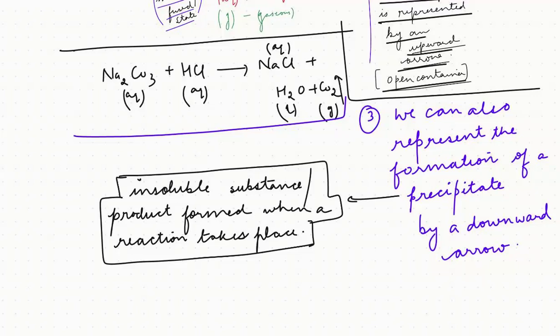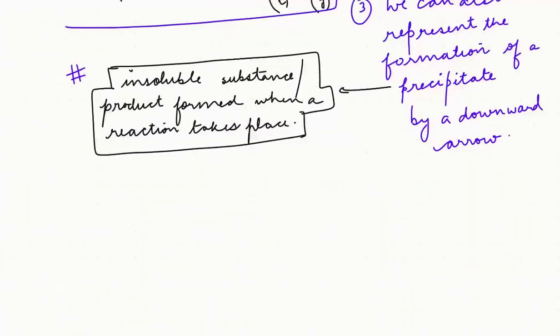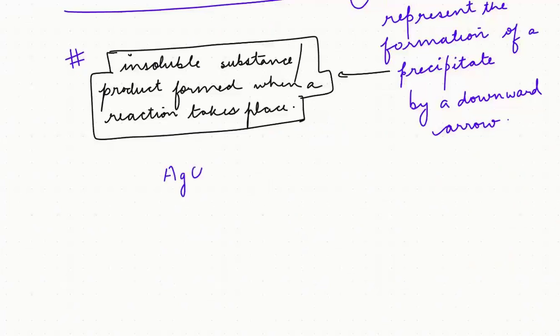Now see. It says it is an insoluble substance, the product formed when the reaction takes place. Got the point? Now whenever we are dealing with this, let's suppose I am writing a reaction AgNO3, which would be aqueous, and NaCl, which would be Na plus and Cl negative.